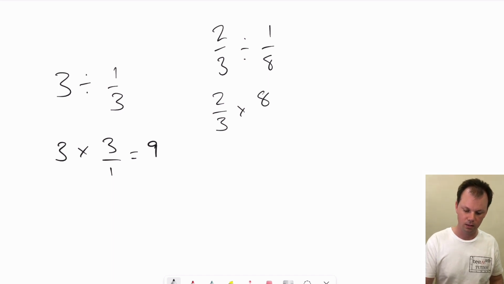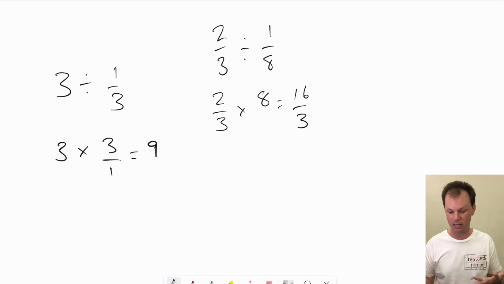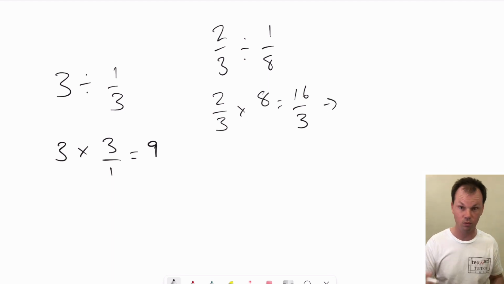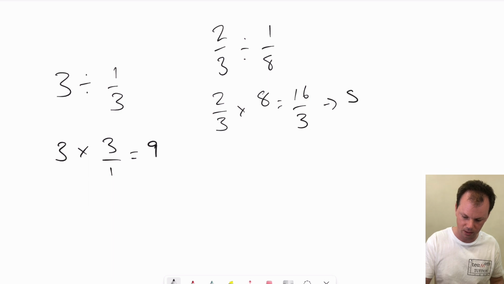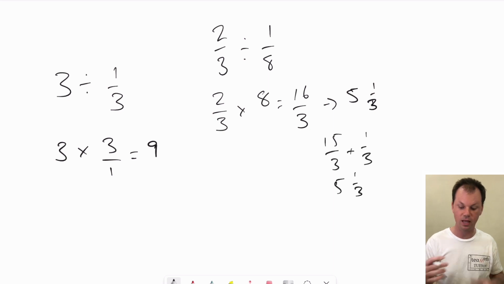I'm just going to write 8, which equals 16 on 3. Okay, so it goes in that many times. Now, if you want to think about how much that is, that's 5 and 1/3. It's the same as 15 on 3 plus 1 on 3, which is 5 1/3. So that's how many times 1/8 goes into 2/3.